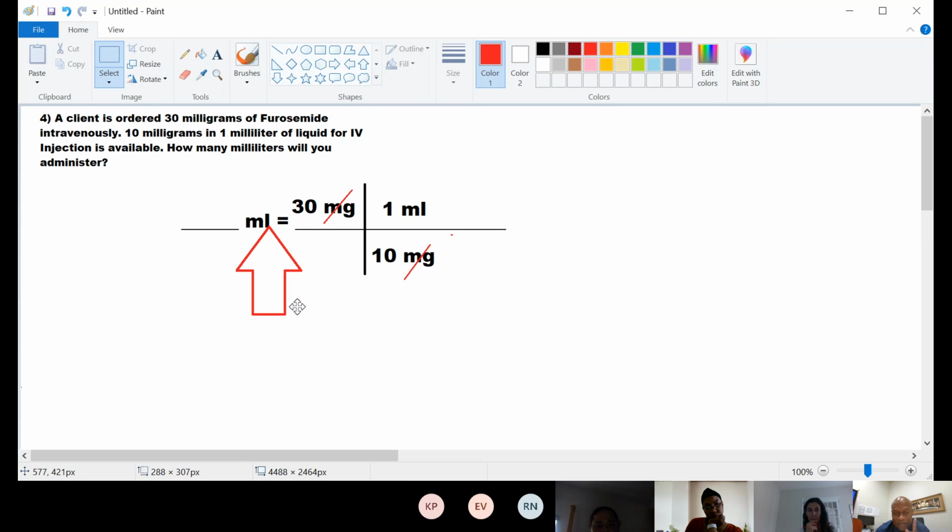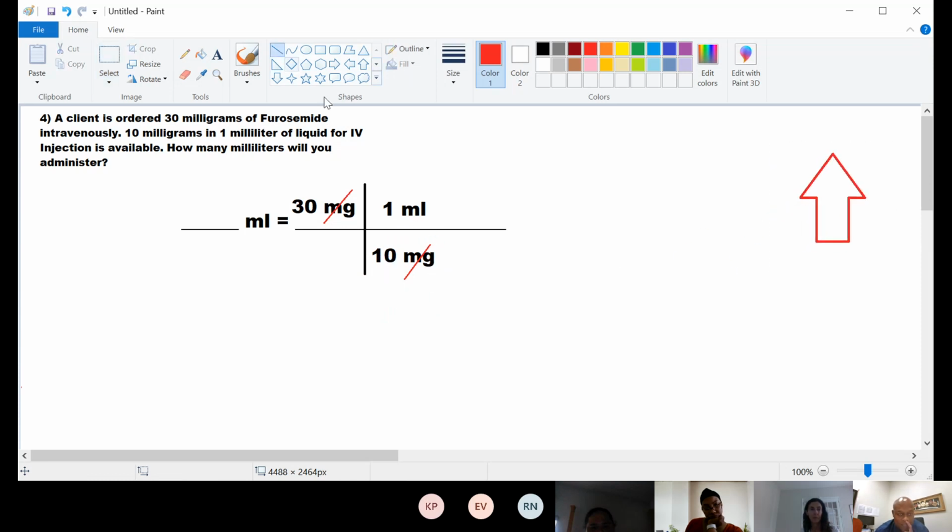This is important right here because even though this doesn't seem like the world's most challenging problem, you want to have this check and make sure you're on the right path. We were looking for milliliters and we're winding up with what? Milliliters before we touch any math. Before we even pick up our calculator, we can see that just based on the units, we're headed in the right direction.